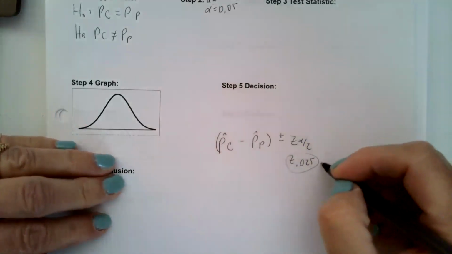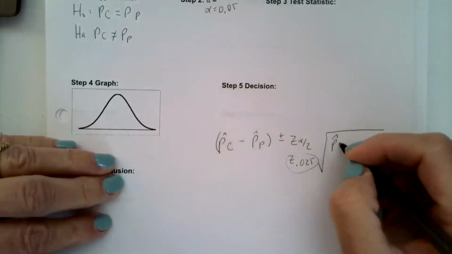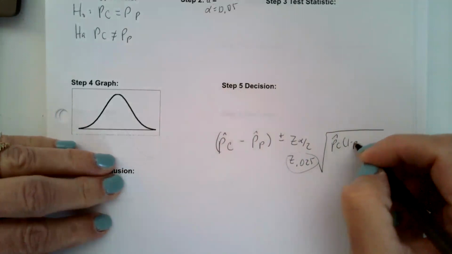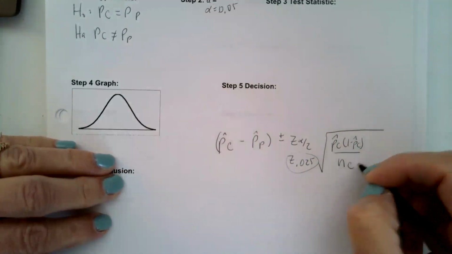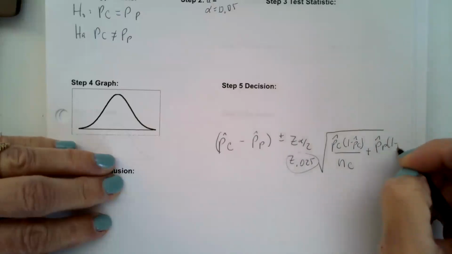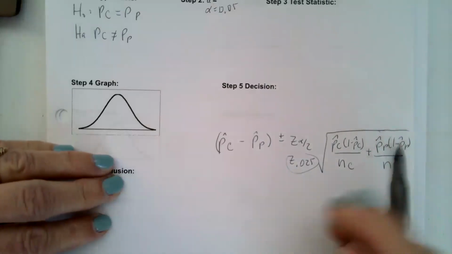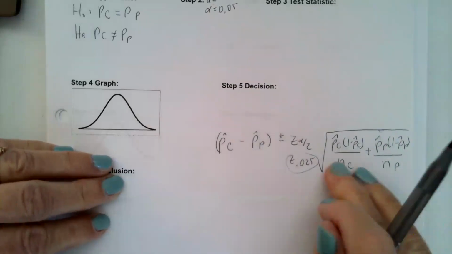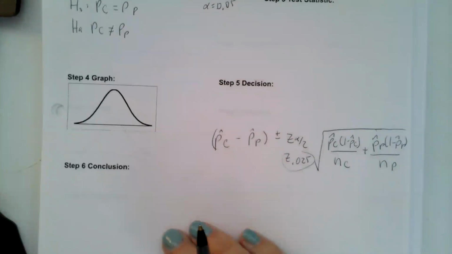And then we're going to multiply that by the square root of P hat Cleveland times 1 minus P hat Cleveland over the sample size for Cleveland plus the P hat for Philadelphia times 1 minus the P hat for Philadelphia over the sample size for Philadelphia. Now, these pieces will come into that program, but it doesn't give you the actual confidence interval itself.